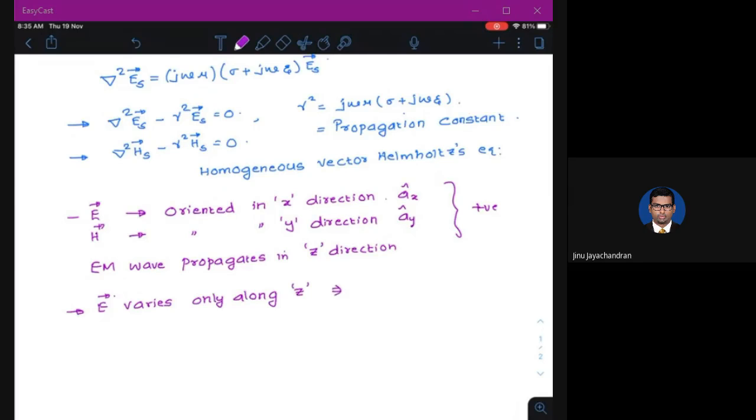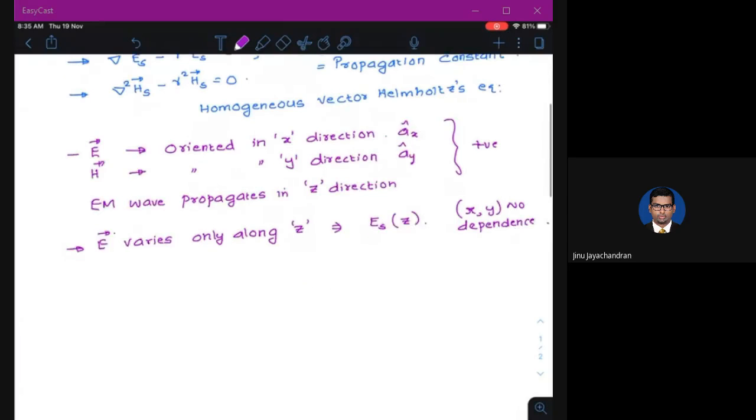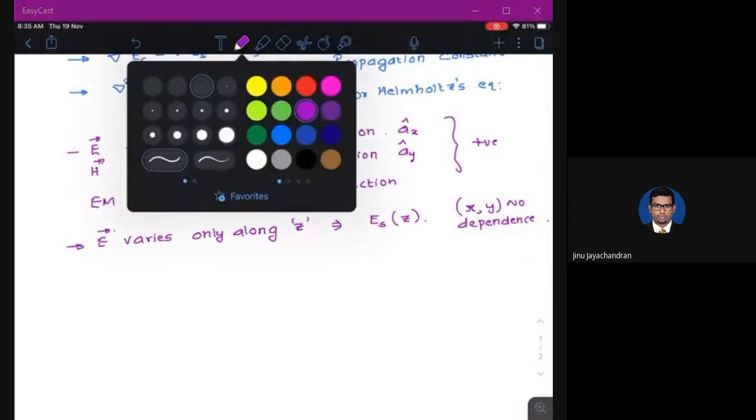That is, electric field is a function of z, so it doesn't depend on x or y. These are the main assumptions that we are making. If any further assumptions are there, we will do that on the go.